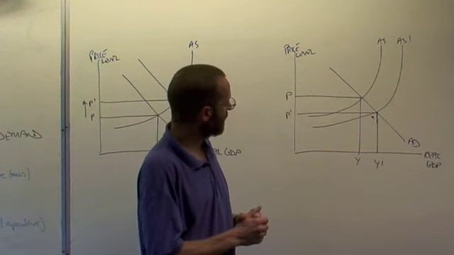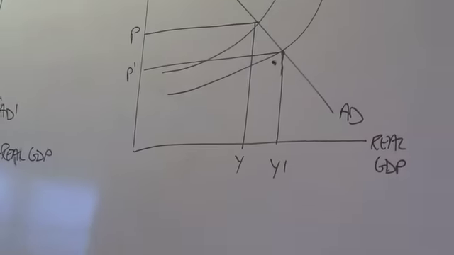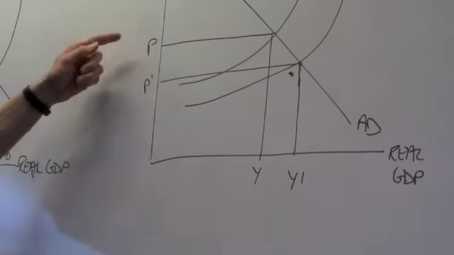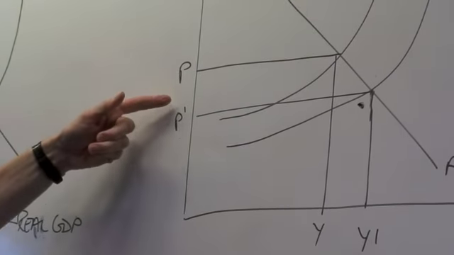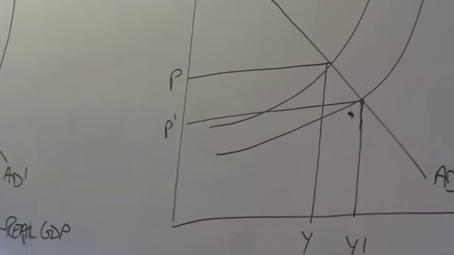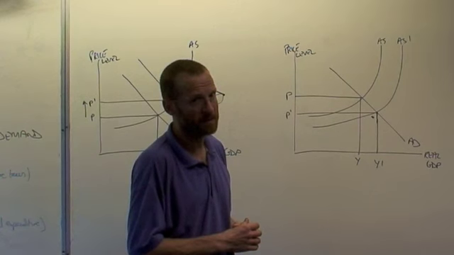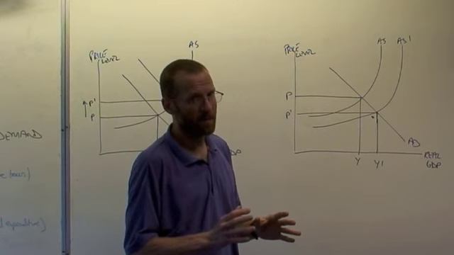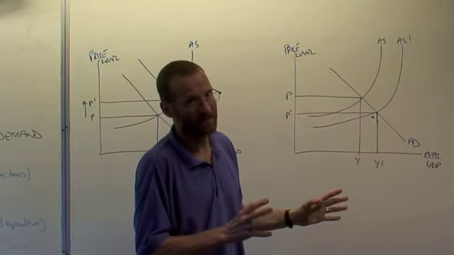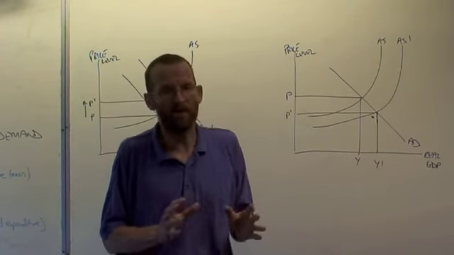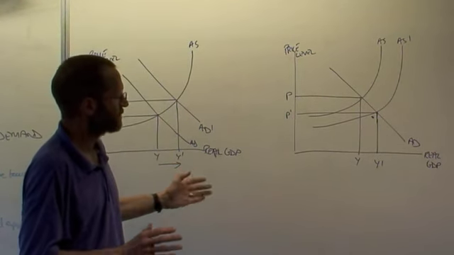The outcome then would be that you'd get increased output in the economy, reduced unemployment, but also you would have a decrease in inflation. The economy would become more competitive internationally, and we should see an improvement in the balance of payments. The first thing to remember, though, is that this supply side effect is a secondary effect. Normally, when you talk about fiscal policy, you want to concentrate on the demand side effect.